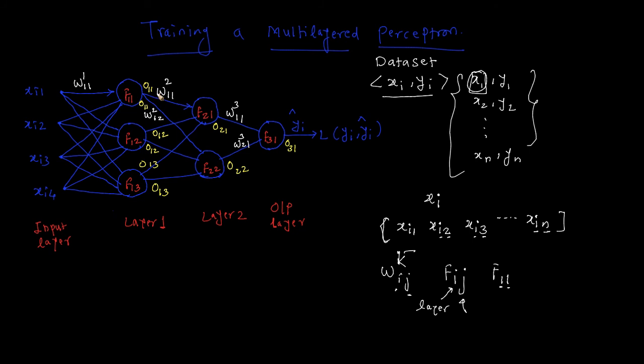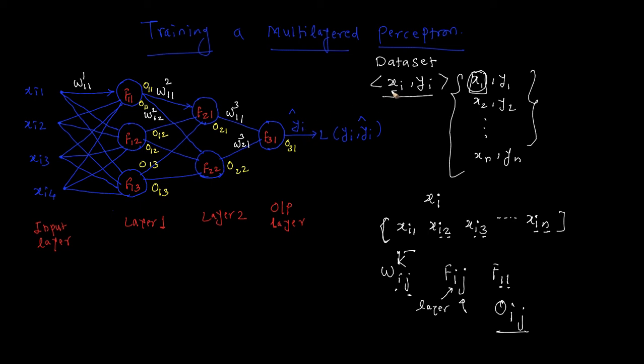Okay, now Oij says this is the output. O is the output of the neuron in the ith layer and its number is j from the top. So this output will be similar to the activation function here. Now yi hat says this is the predicted output for this input.